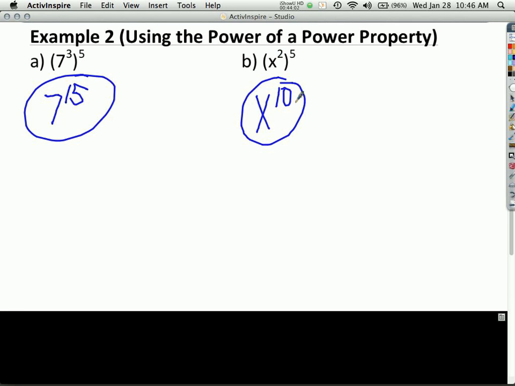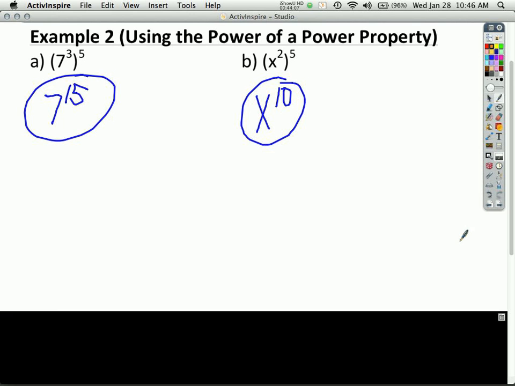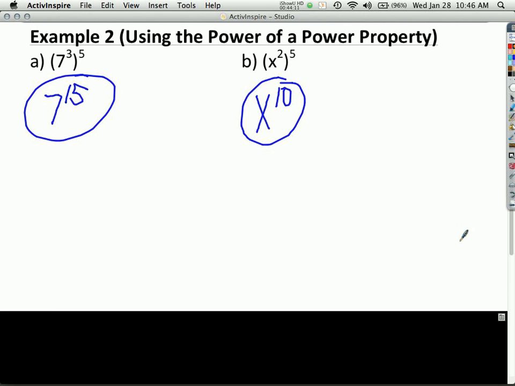Now let me ask you something. I've been doing this for a long time, and I see a lot of mistakes that students make. Let's pretend that that's on a quiz, and that a student got it wrong. What do you think their wrong answer would be? Tyler, what do you think the most common wrong answer would be for that? X to the 7th power. Yeah, I'd agree.